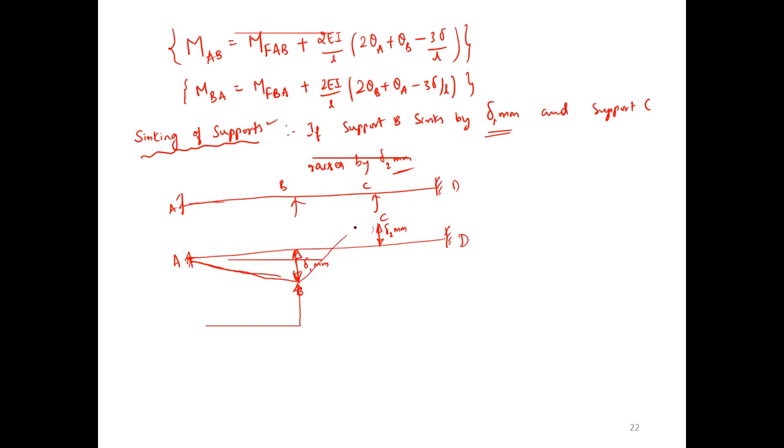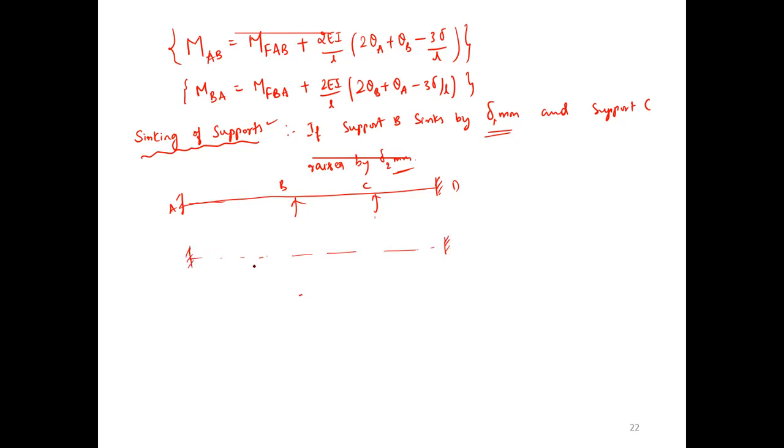So we have to connect the beam at the delta 2 mm point. So this is the real beam. I'm representing it in dotted line.